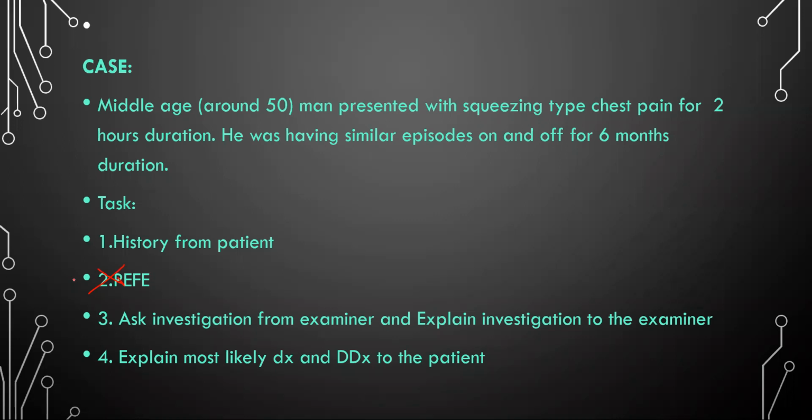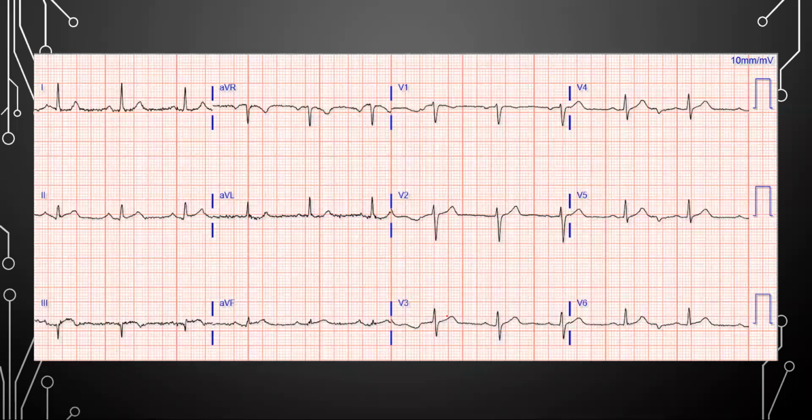Thank you very much for your information, Mr. John. Give me 1 second. I need to speak to the examiner. Dear examiner, can you please give me the investigations of this patient? First I need to get the ECG.